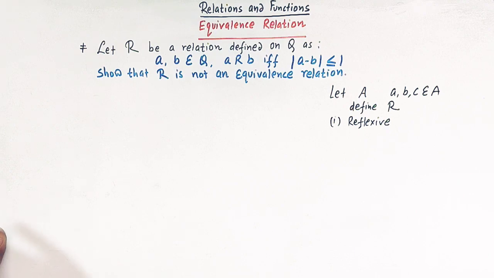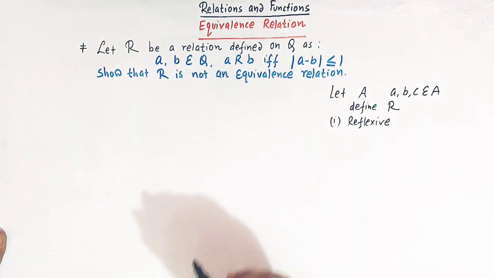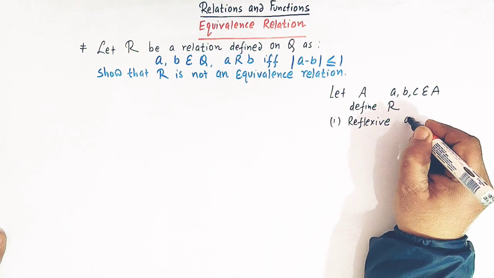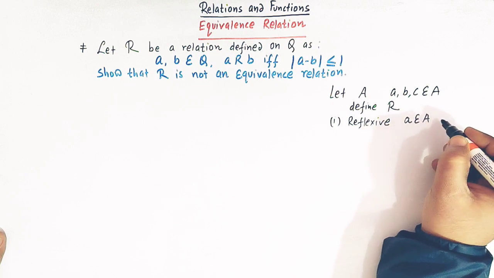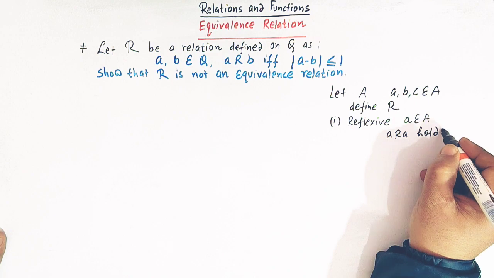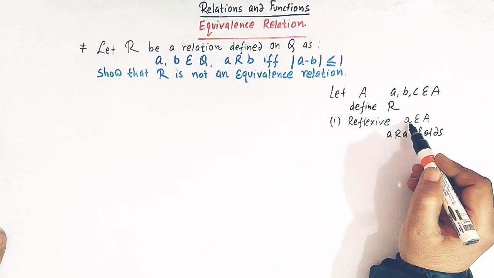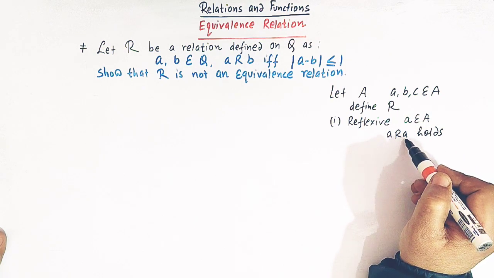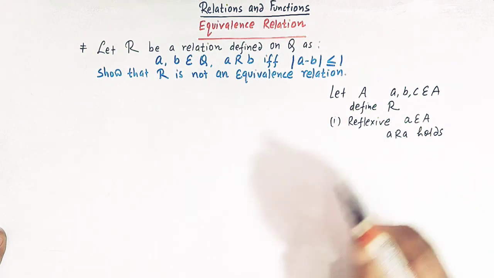So R is said to be reflexive if for each a belonging to the set A, a is related to a. It means each element is related to itself.